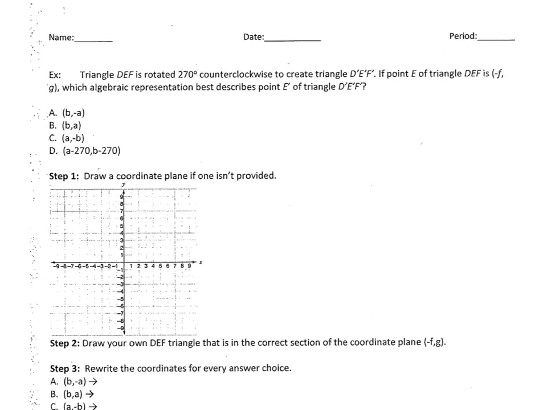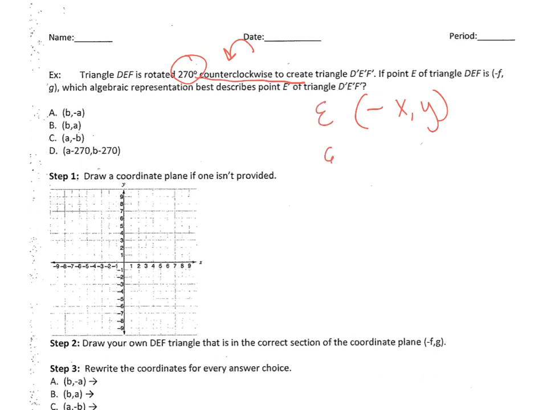Okay, next example, triangle DEF is rotated 270 degrees counterclockwise to the left 3 times to create triangle D prime, E prime, F prime. If point E of triangle DEF is negative X, Y, which algebraic representation best describes point E prime?